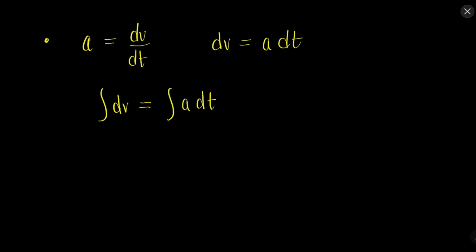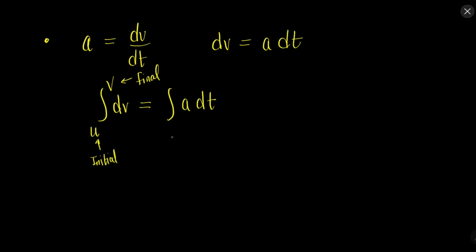Now let's say the initial velocity was u, so I will write u here, and the final velocity will become v, so I will write v here. This bottom limit tells us about the initial condition, and this top limit tells us about the final condition, the final situation. So this is the final velocity.